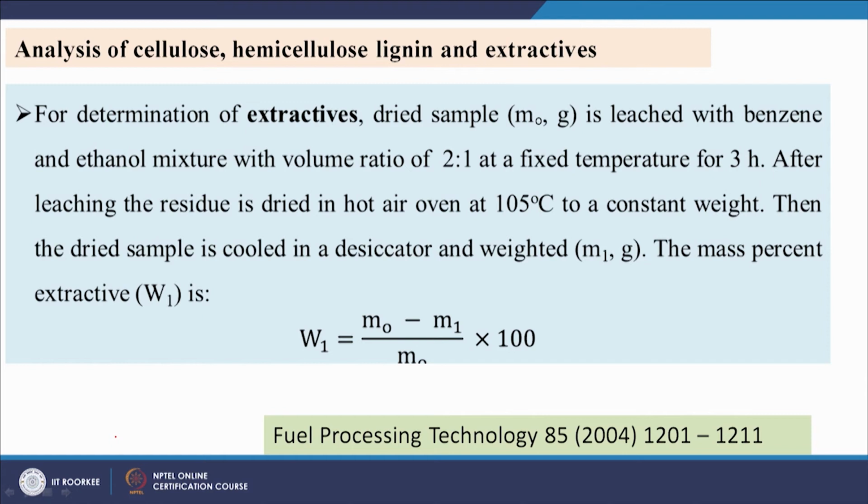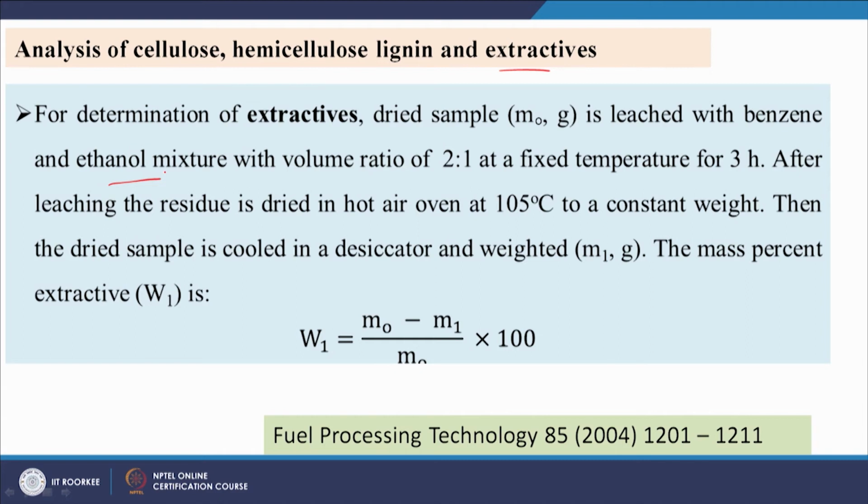Now, we will discuss analysis of cellulose, hemicellulose, lignin and extractives in lignocellulosic biomass. For the determination of this, at first we determine the extractives, and basically a solvent is used, a benzene and ethanol mixture.